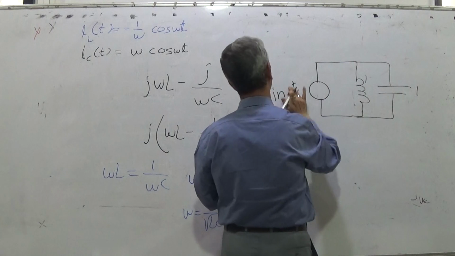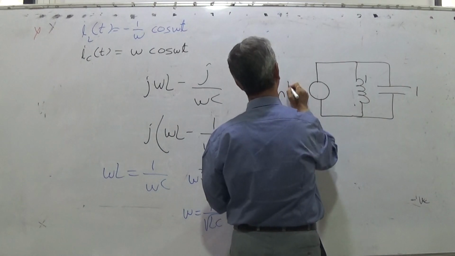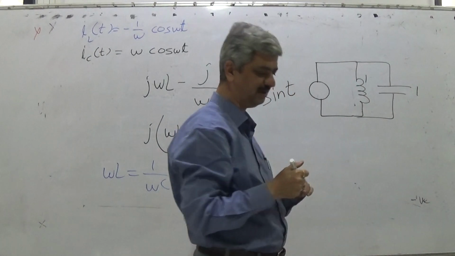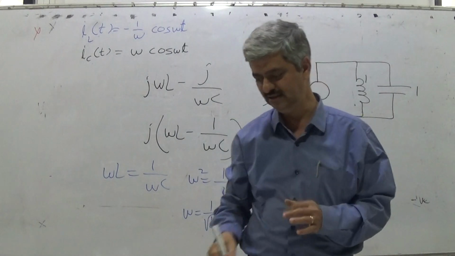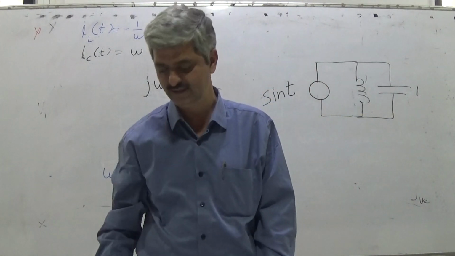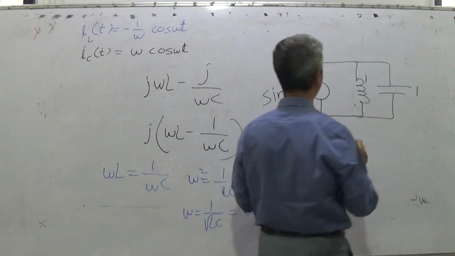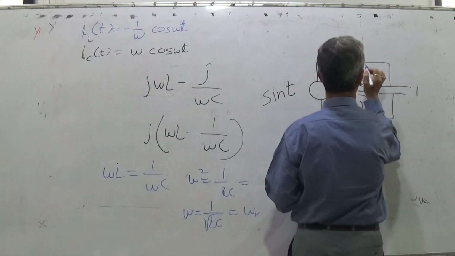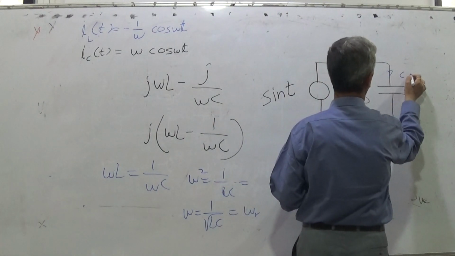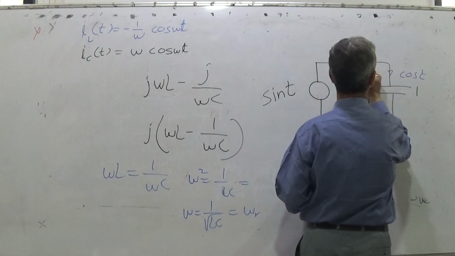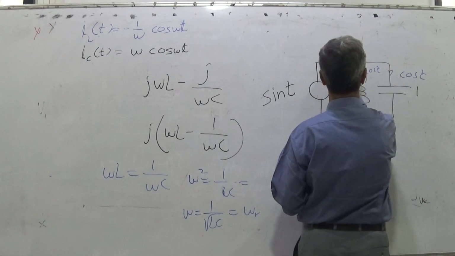Now let us say I apply sin t, meaning I deliberately choose omega equal to 1. So what will happen? This current will be cos t, this current is minus cos t, and this net current is 0.